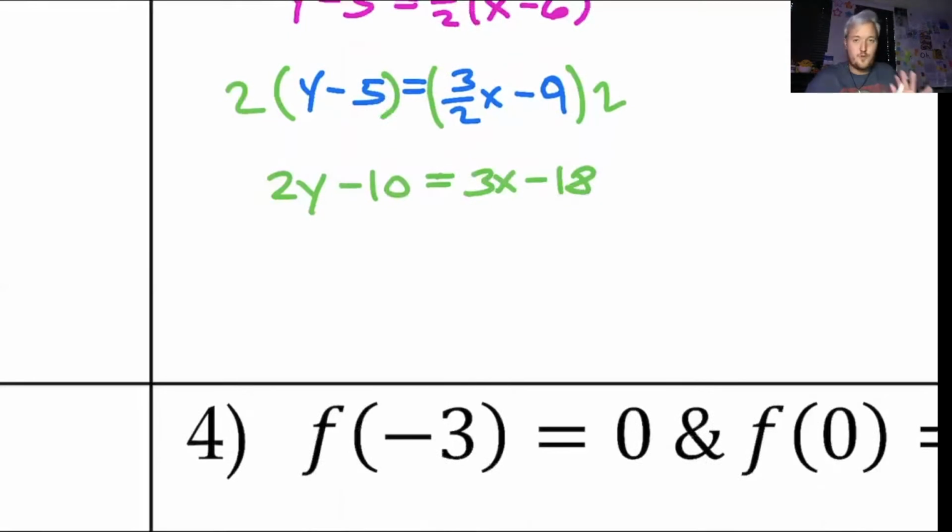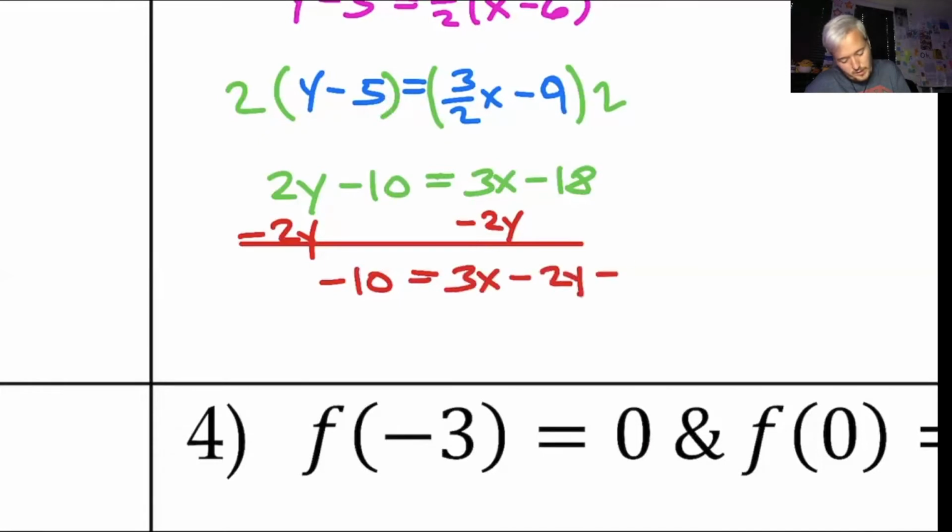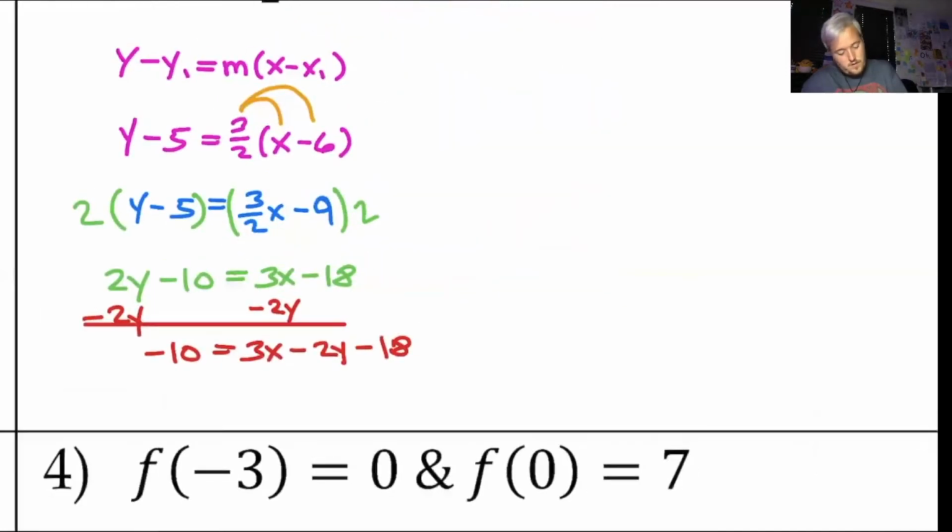Everything just got multiplied by 2. My x value here is a positive whole number, so now it's good to go. It's my pivot point. So subtract 2y on both sides. So I have negative 10 equals 3x minus 2y minus 18. I'm going to copy this up here.